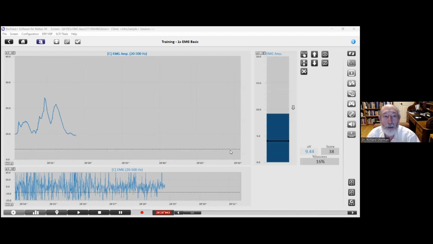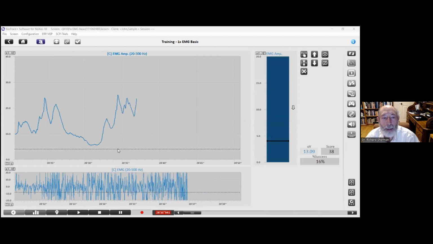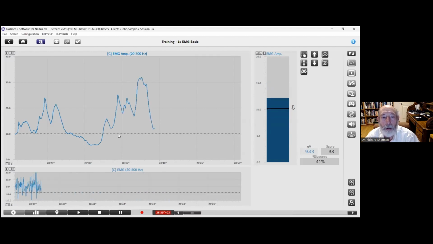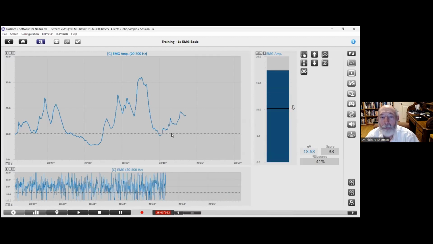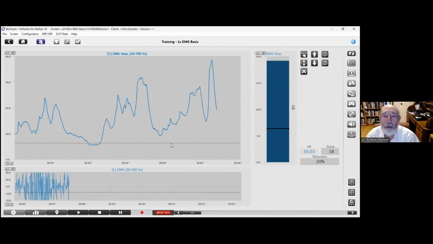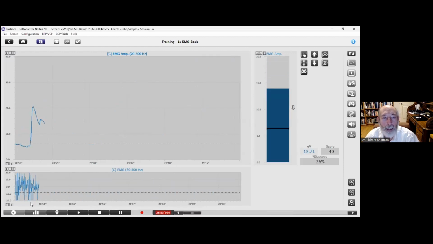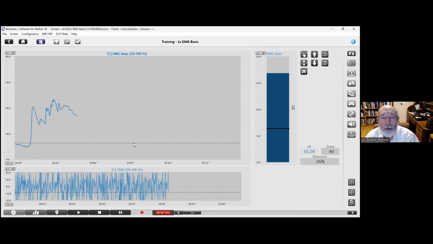But that's not what you do. What you do is you shape somebody's behavior. So let's say the lowest they can get is 10 microvolts. So you set a line at 10 microvolts, and then you slowly lower the line down further and further so that they can begin to reach a goal of normal.